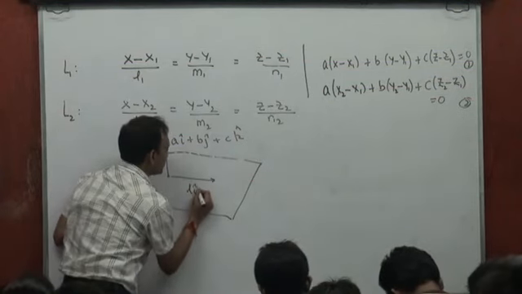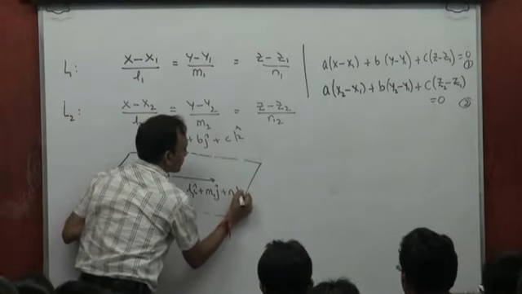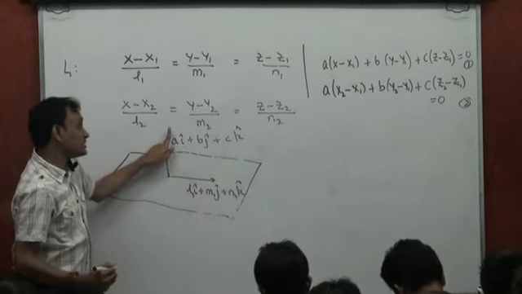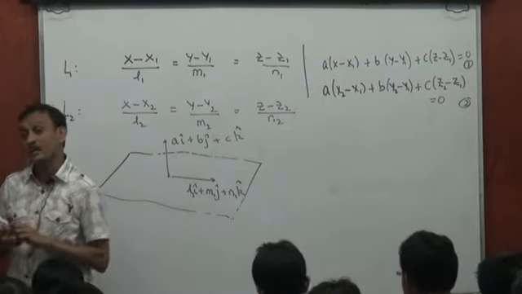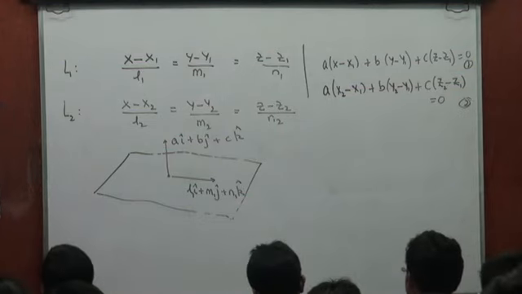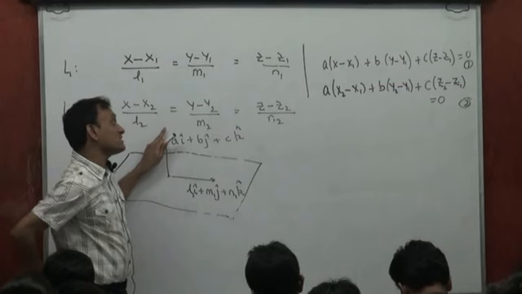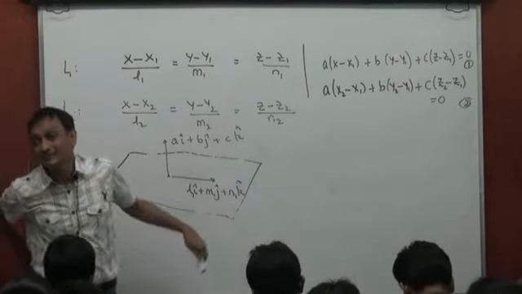The vector l1i plus m1j plus n1k is along the plane, and ai plus bj plus ck is normal to the plane, whereas this l1i plus m1j plus n1k, since it's parallel to the line, is parallel to the plane, right? That means ai plus bj plus ck must be perpendicular to l1i plus m1j plus n1k.